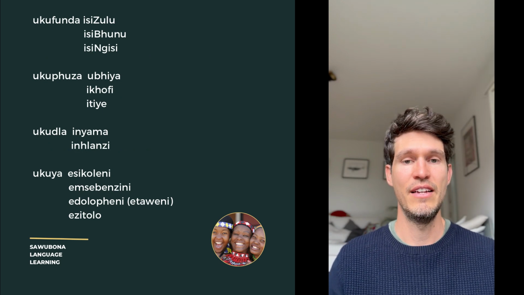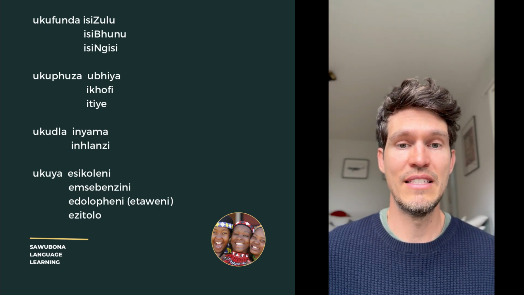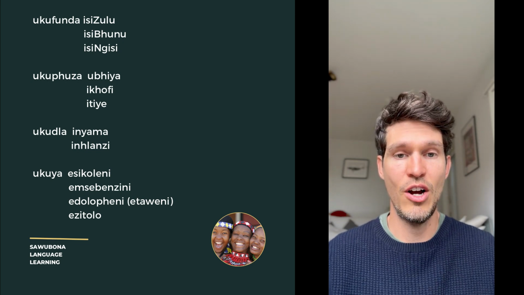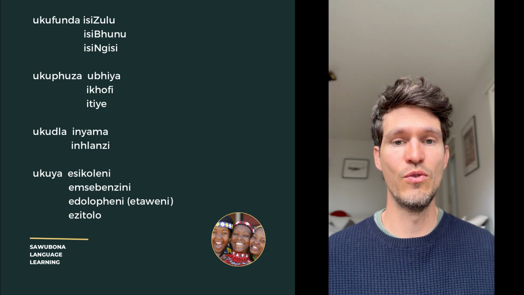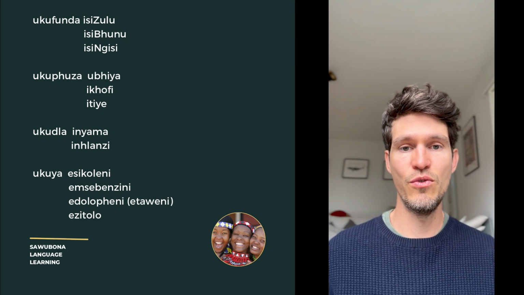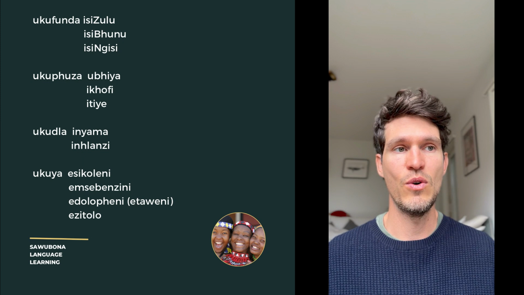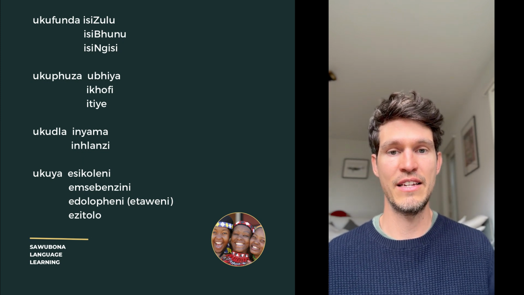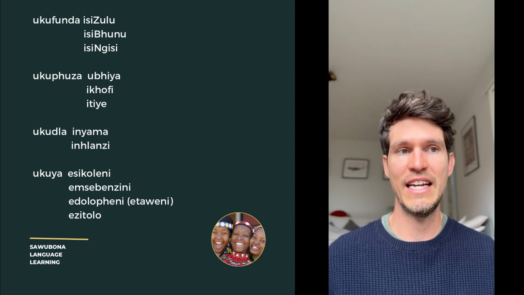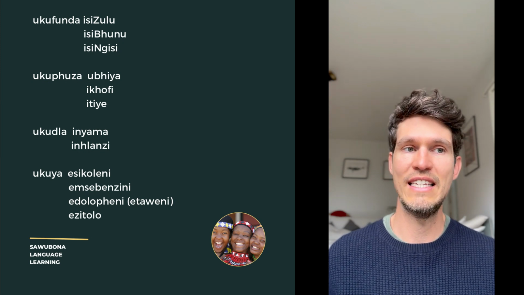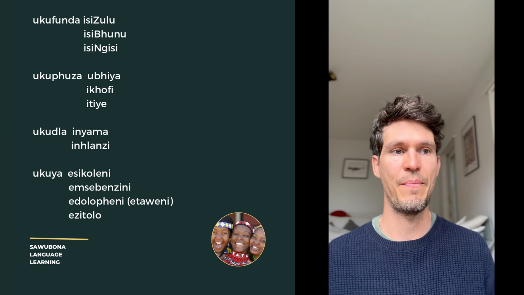Our next step is to add some sentences to our original four by just changing the objects. So we had ukufunda incwadi, but ukufunda also means to learn or to study. So if we said ukufunda isiZulu, that would be to study Zulu, or ukufunda isibhunu, to learn or study Afrikaans, ukufunda isingisi, to learn English.